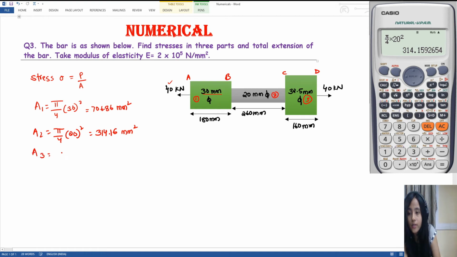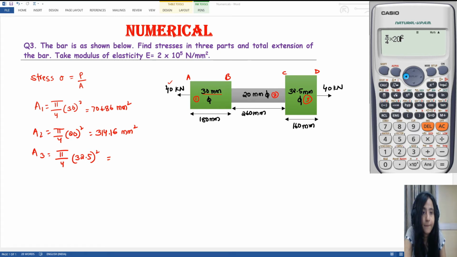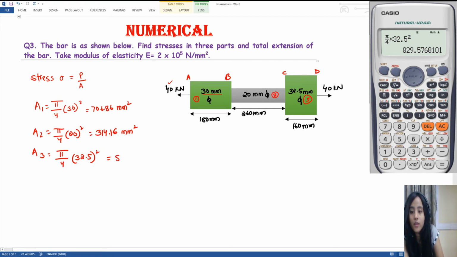Area 3 is pi by 4 into 32.5 square, so this is coming 829.58 mm square. So we have all the areas.